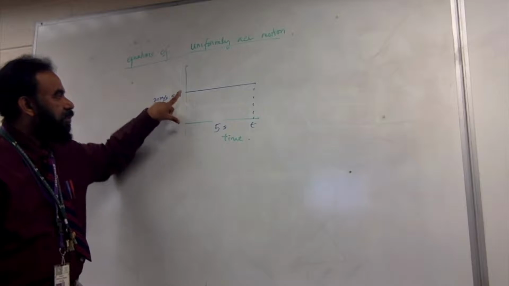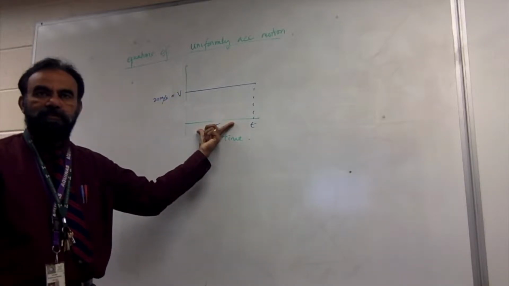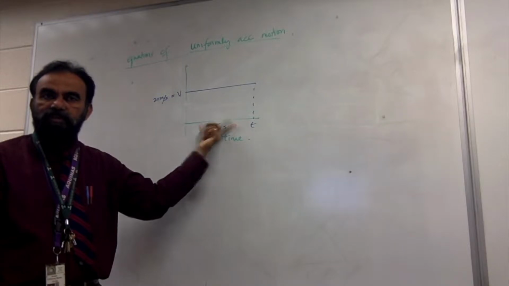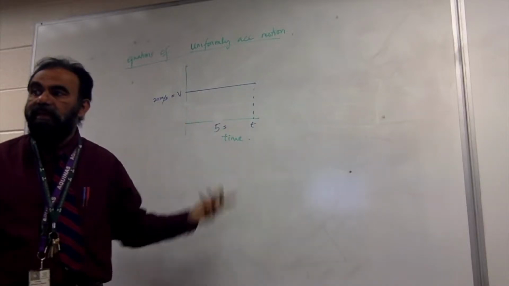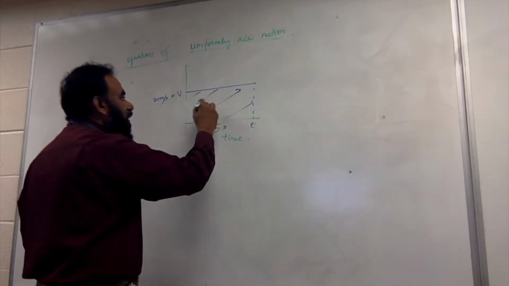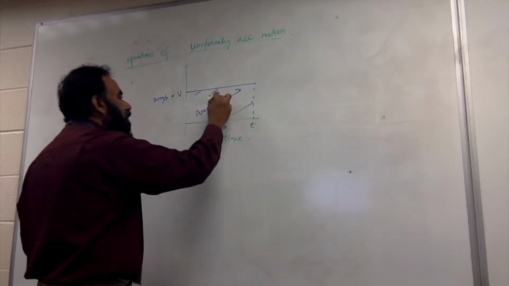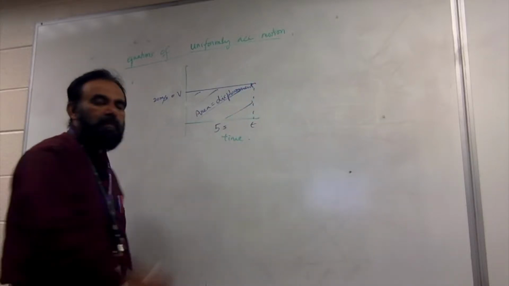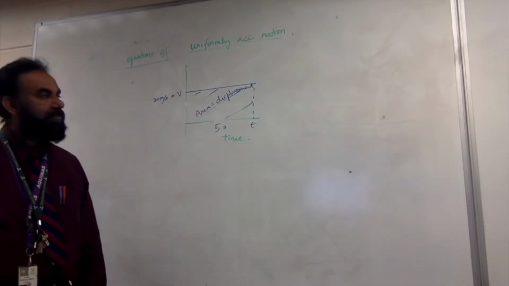So what we did is 20 times this. This side times this side. What is that geometrically to this shape? Area. So basically the area under the line is equal to displacement.